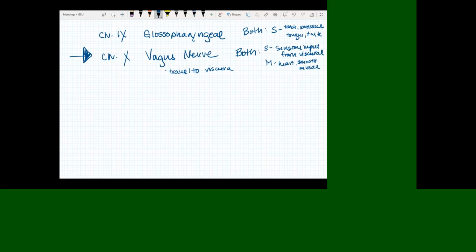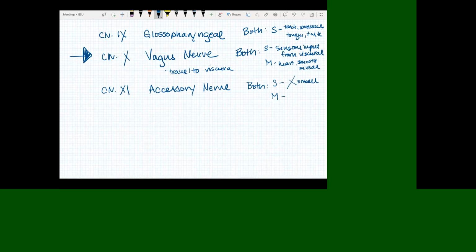The next one we're going to have is cranial nerve 11. This is the accessory nerve. This is technically also both. It does carry both sensory and motor information. The sensory is so small that we're not really going to focus on that, but we do know it carries sensory information.